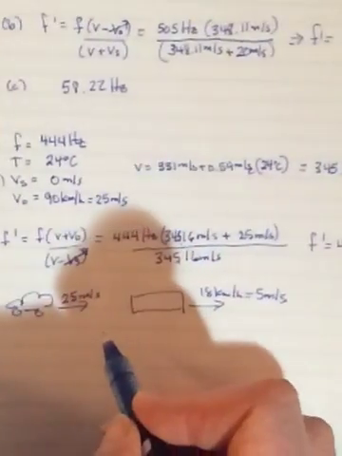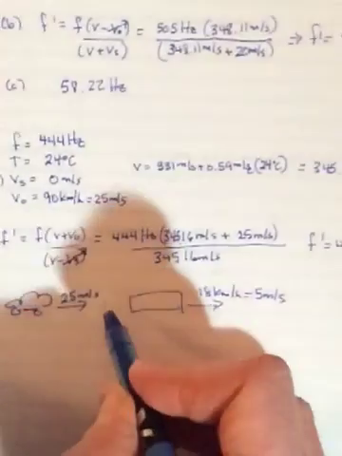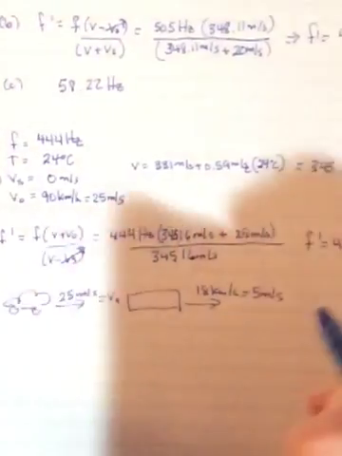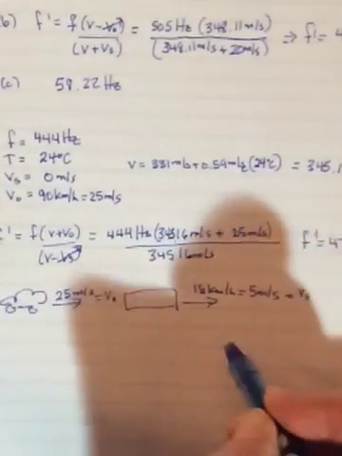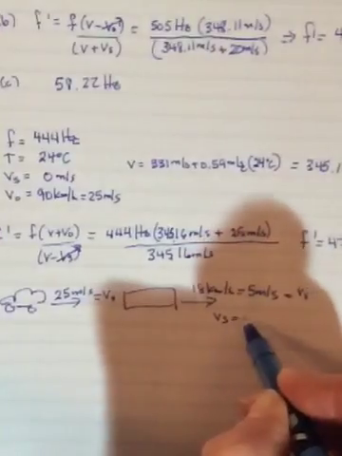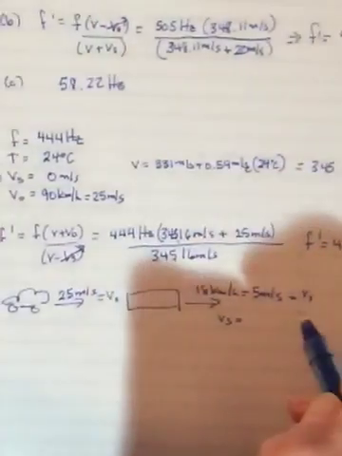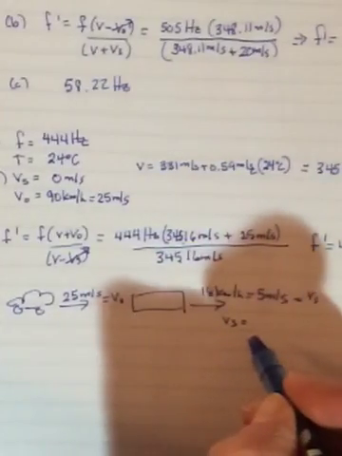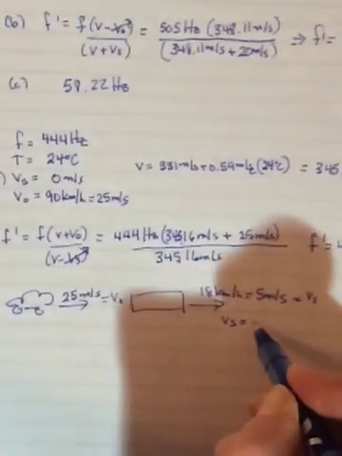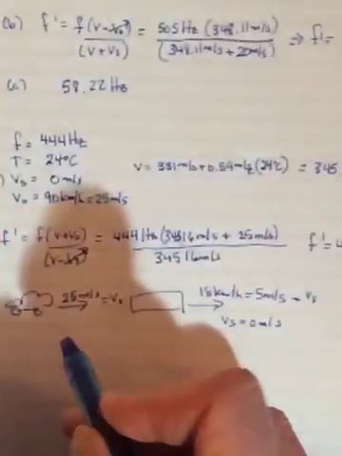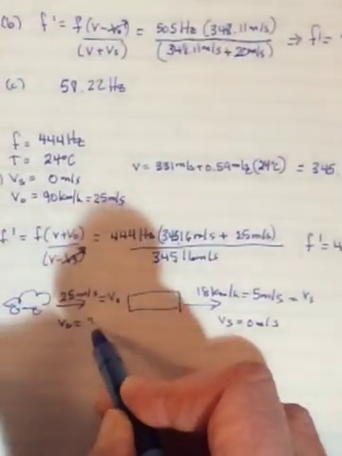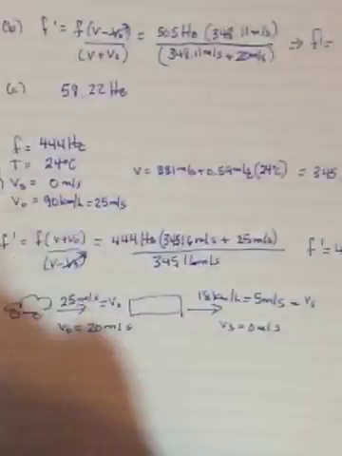Yesterday we talked about using relative velocities in this case, because this is the speed of the observer, this is the speed of the source. So it's the same as saying this, because one's approaching and the other is receding. So it's the same thing as saying that the source is stationary and that the car, the observer, is approaching at 20 meters per second.